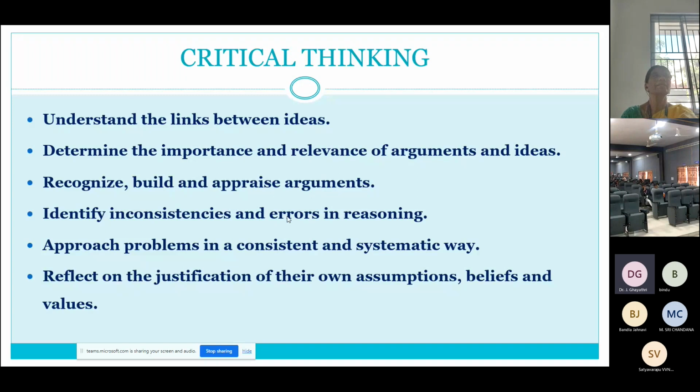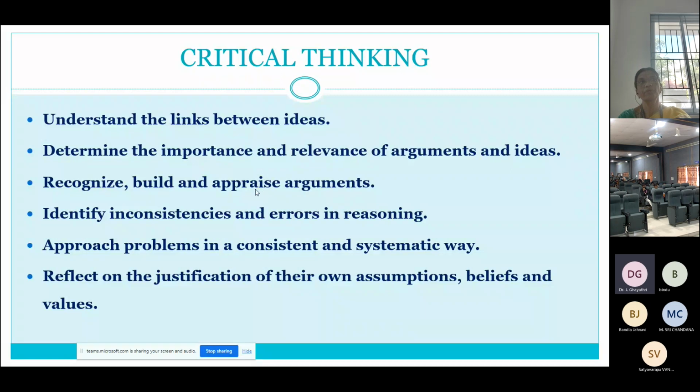In critical thinking, you are understanding the links between the ideas, determining the importance and relevance of the arguments and the ideas. Then you are recognizing, building, and appraising those arguments, identifying the inconsistencies and errors in reasoning, approaching the problem in a consistent and systematic way, reflecting on the justification of your own assumptions, beliefs, and values. These are the things you are doing in critical thinking.